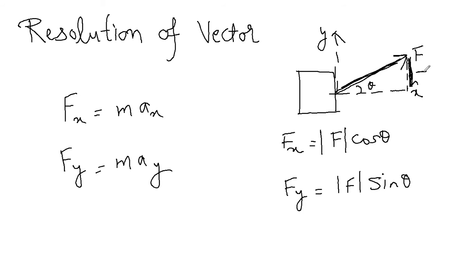This gives you the y component, and in this direction gives you the x component, which is this, and this Fy is this. If you like, you can pause the video and try to understand this very simple trigonometry, but you should take your time.